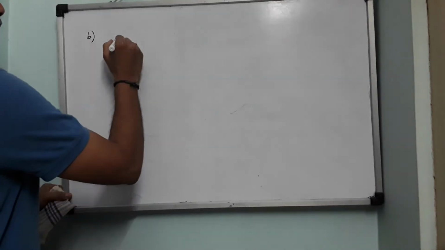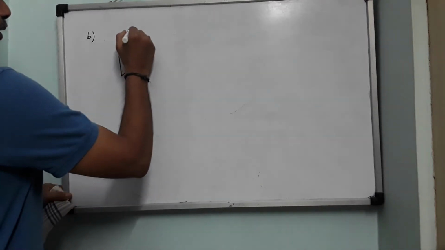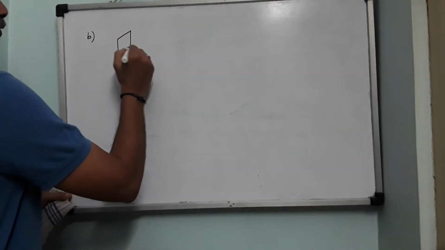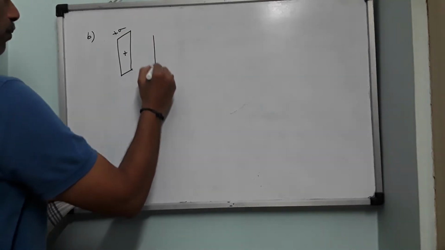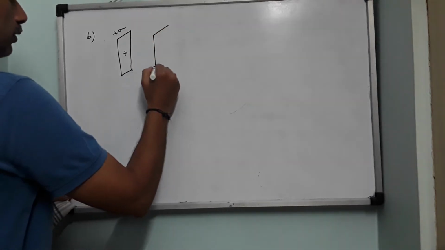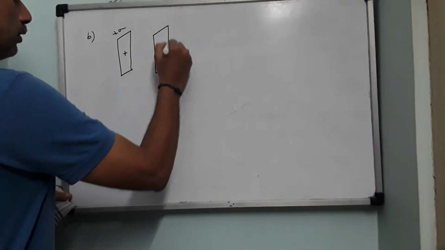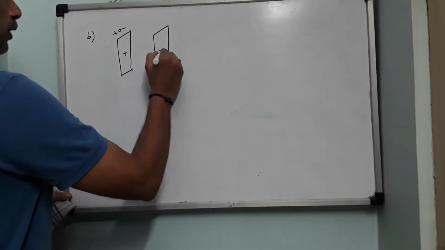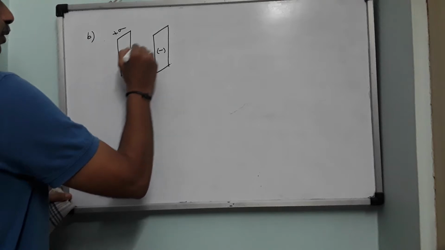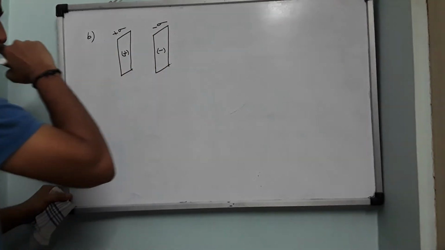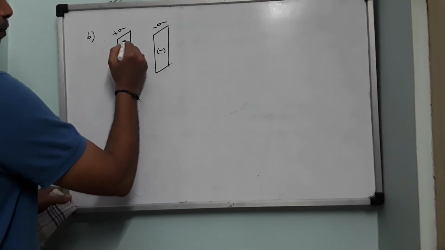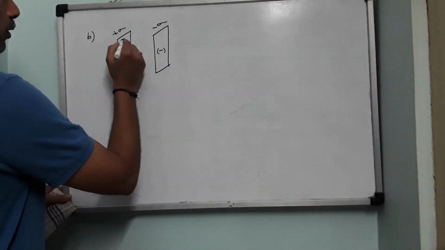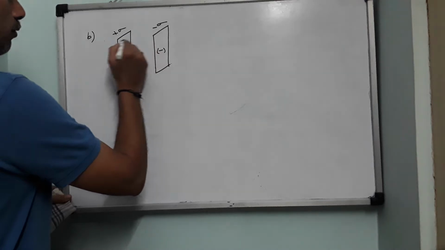We have a positively charged plate with plus sigma, and at some distance from here there is a similar plate but charged negatively with minus sigma. This will produce electric field from plus to minus in this direction.